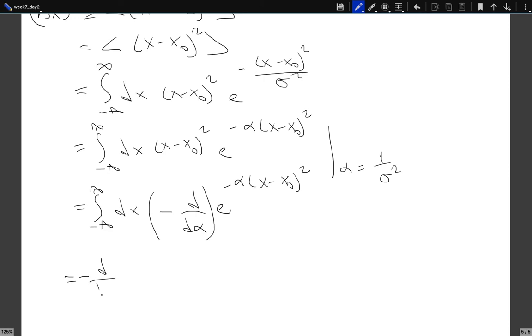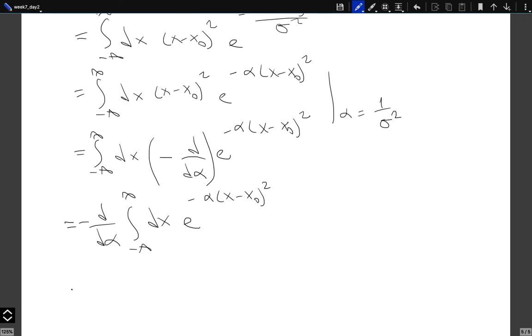I can just change their order. And that integral will be minus d over d alpha of square root of pi over alpha.